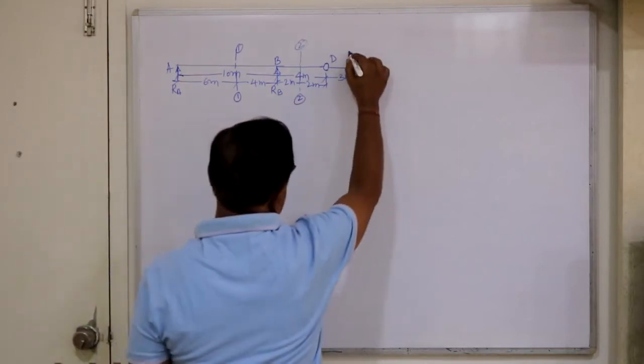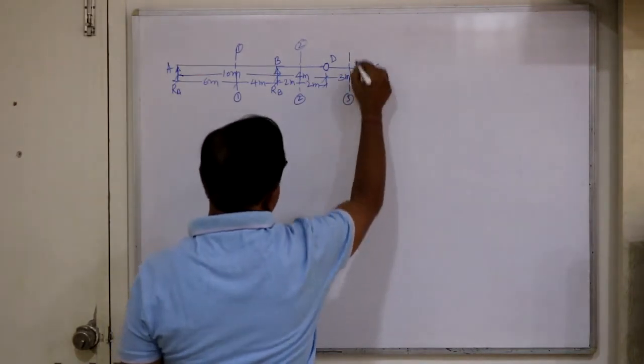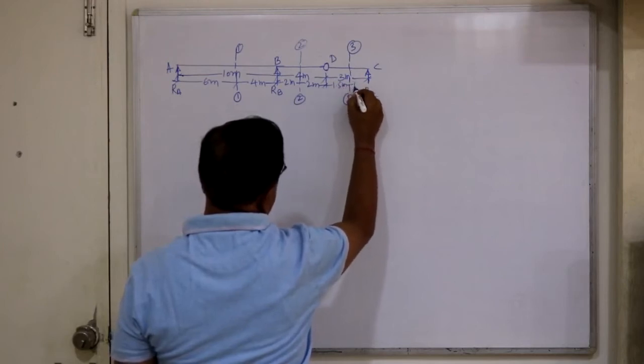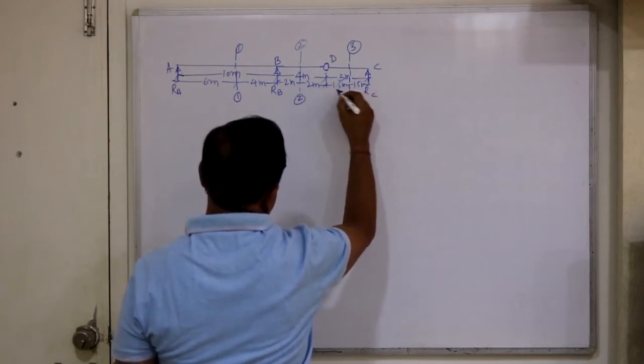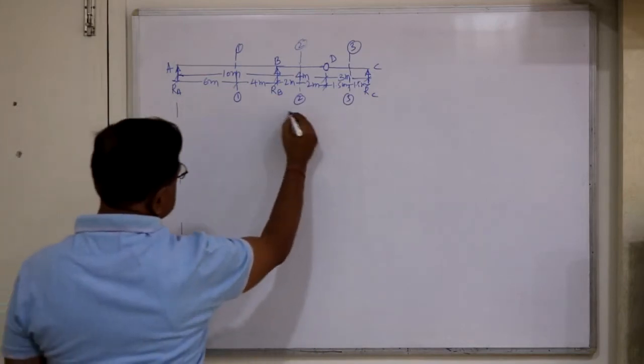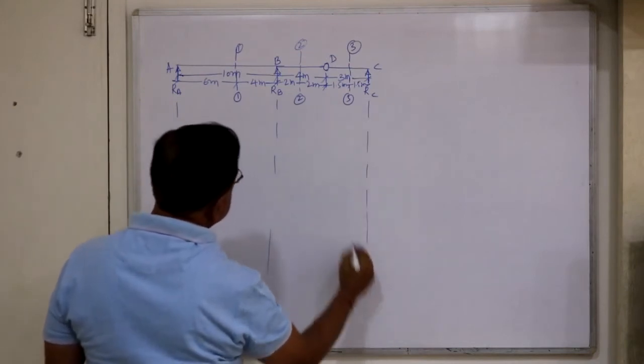Or say we will construct here, you take a section say 3 here, and I will take this as 1.5 meter, any distance you can take, doesn't matter. So let's construct the ILDs, because this is very simple by using the Muller-Breslau principle.